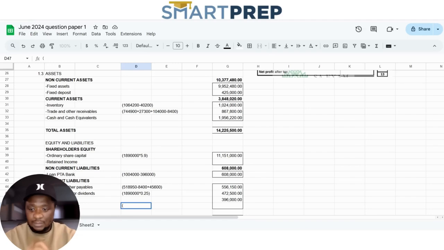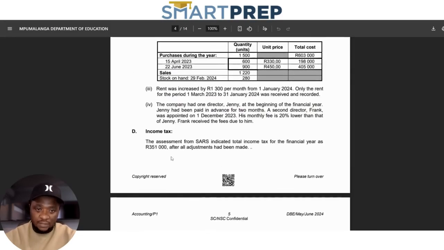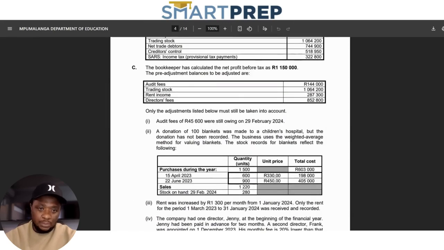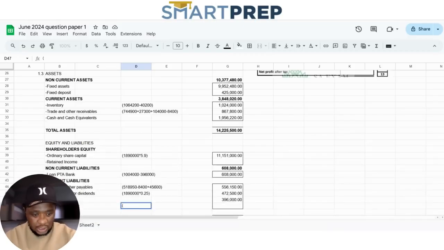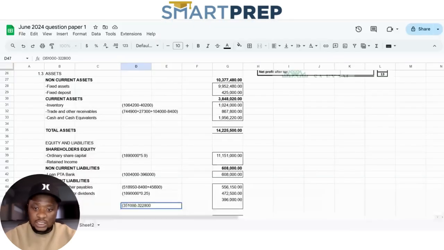And then lastly, we have the SARS income tax. We're basically going to work it out this way. We need to get our tax expense for the year, which was given, 351,000. And then we subtract the provisional payments of 322,800. So there we go. So you're going to say 351,000 minus 322,800. Let's double check the number. Yes, 322,800.